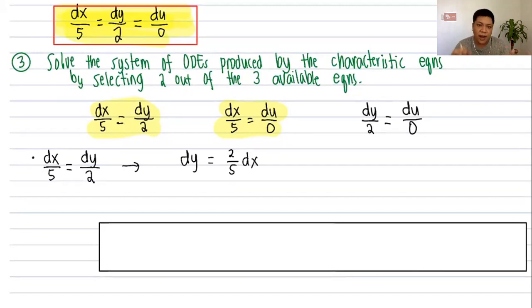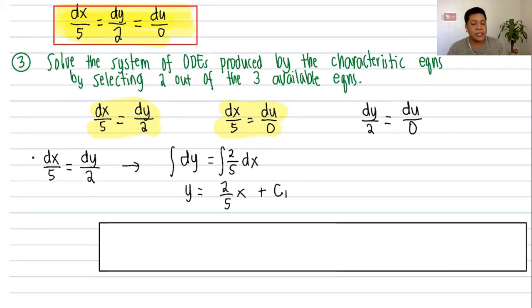Or the other way around, it's okay: dx is equal to 5/2 dy. It's not a problem. At the end of the day, bottom line is you'll get the same answer. Then I will integrate. Once I integrate over here, I should have y is equal to 2/5 x plus a constant of integration.